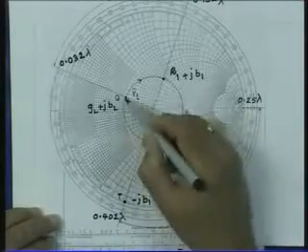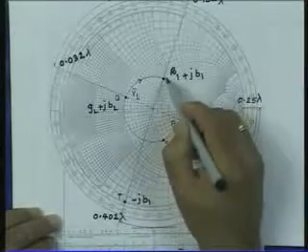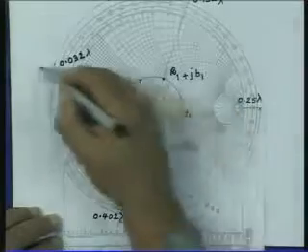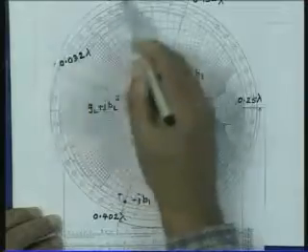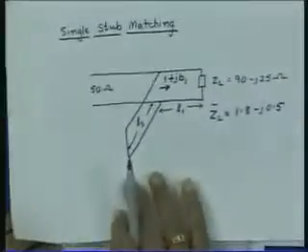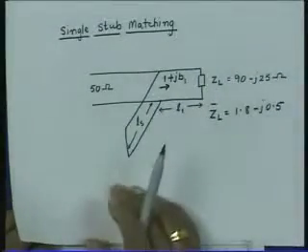How do I get the length or the location of this point? I just draw the radius vectors passing through these 2 points. That is the length, which is L1 on the main transmission line.